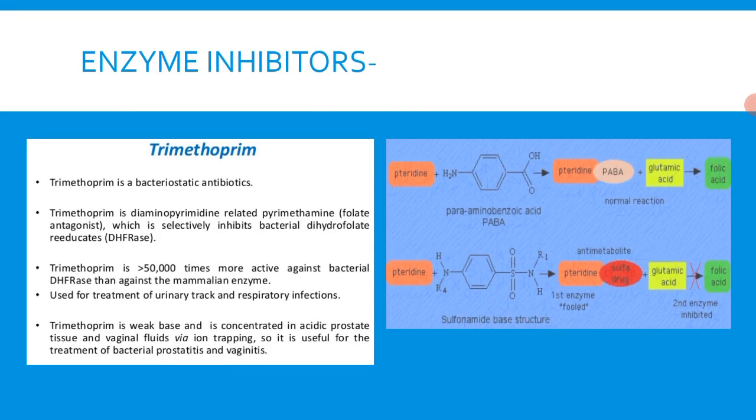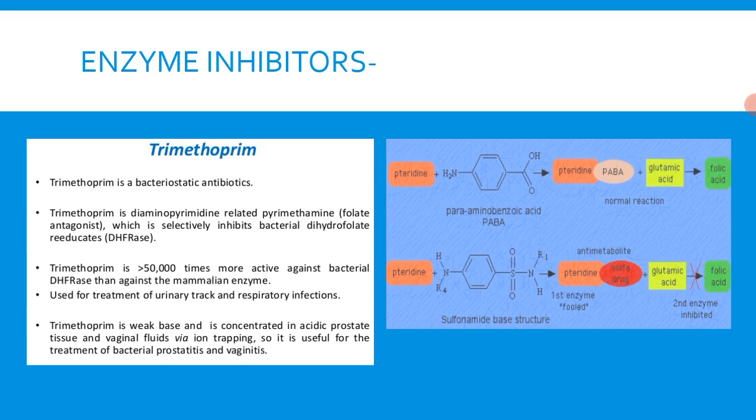Now what is trimethoprim doing basically? Trimethoprim will inhibit the production of the folic acid by inhibiting that dihydrofolate reductase enzyme.